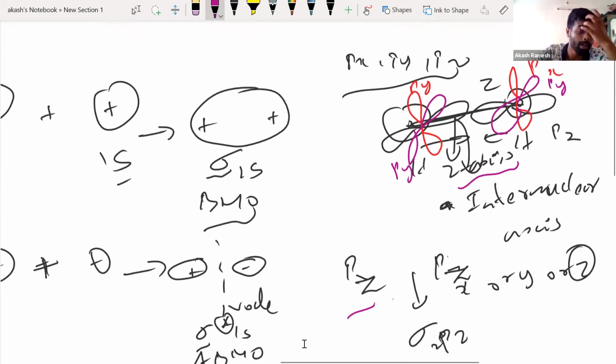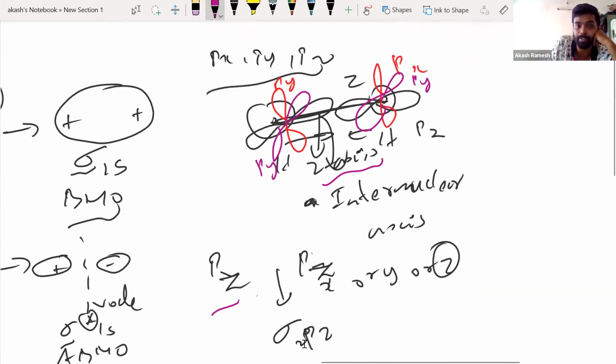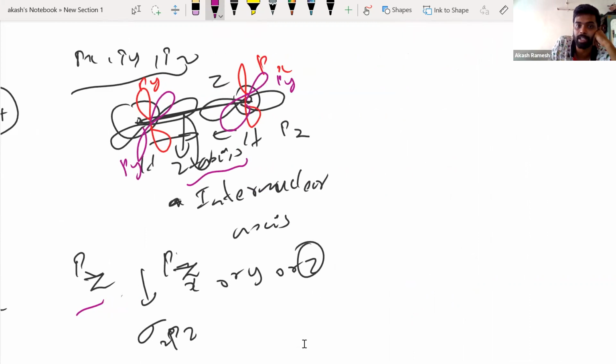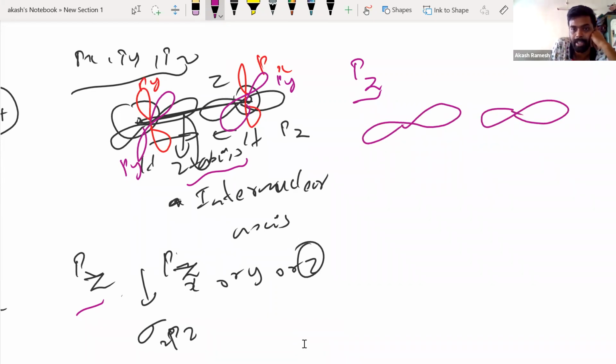Moving on, first we'll take PZ, because we said that it is going to form a sigma bond. We'll see how the sigma bond is formed. For PZ, I need a head-on collision because it is a sigma bond. What you have to understand is that plus and plus should interact, and if I put a minus here, I should put a minus there.